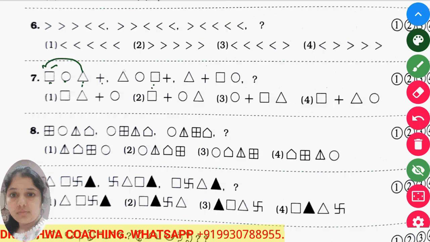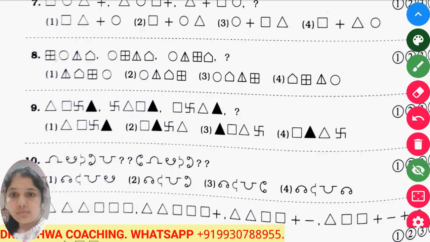So it becomes triangle, square, circle, and then plus sign. Now in the next series, triangle is as it is, and whichever are at the second and fourth position, they are replaced. So you have to find the next pattern in the given series. So this one is for your homework.